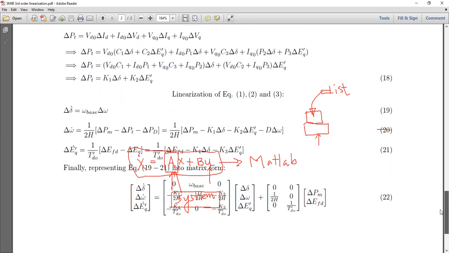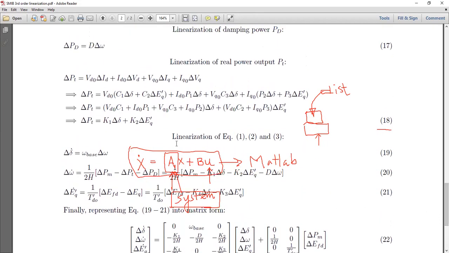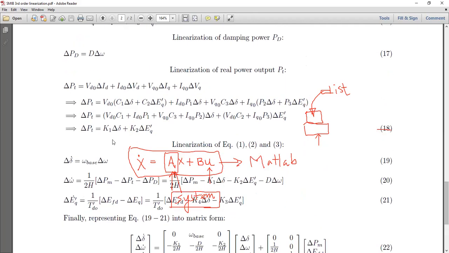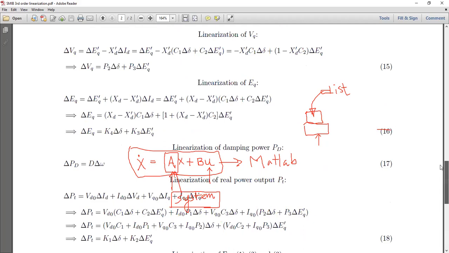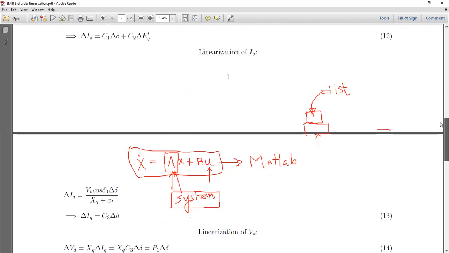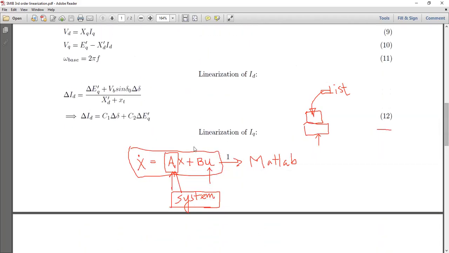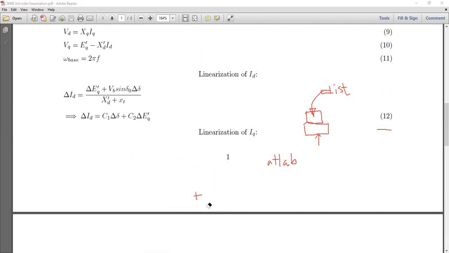If we go back and look into the detail of K1, K2, K3, and K4, we find that they are functions of some other constants like C1, C2, P1, P2, and so on. So we would start from the beginning of the linearization process. We start from building C1 and C2, then go slowly towards the K constants. That would be the plan. So let's start then.